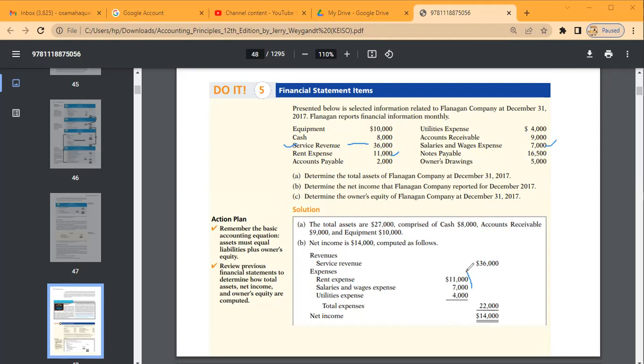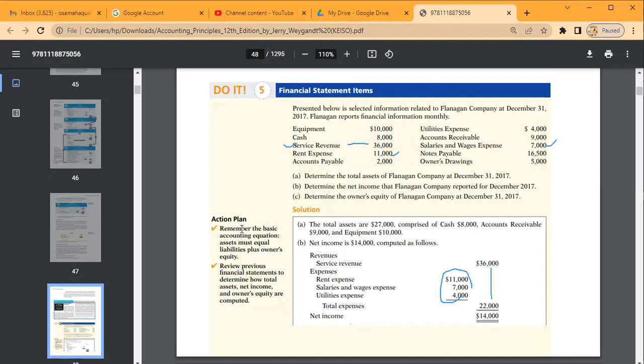We will add all of these expenses in order to get the total expense. Then we will subtract expenses from revenue in order to get profit for the year or the net profit or net income. Does this make sense? Yes. Now you can copy. I copied it. Great.